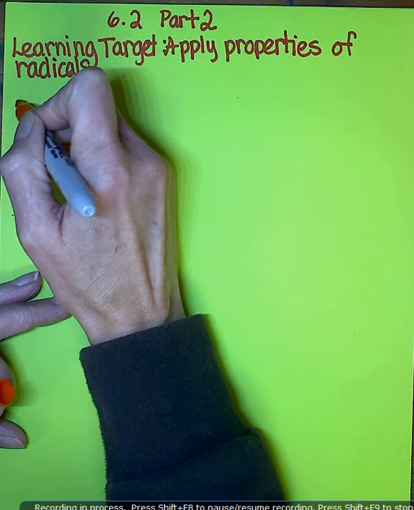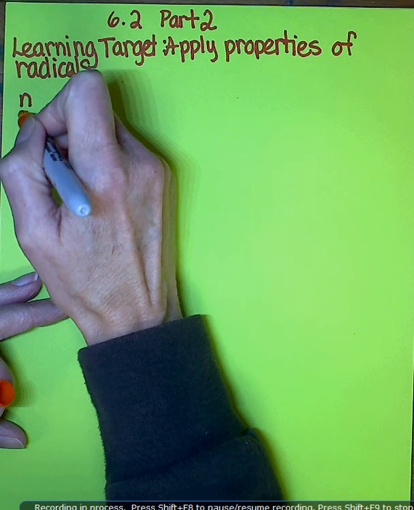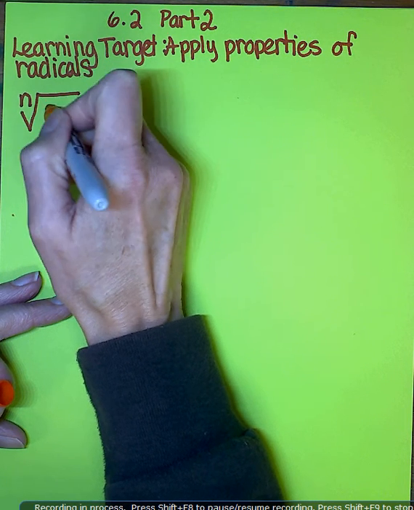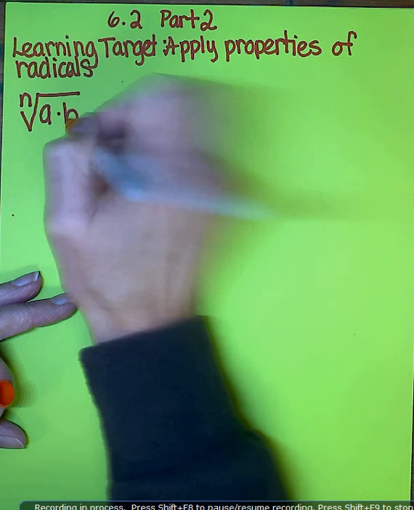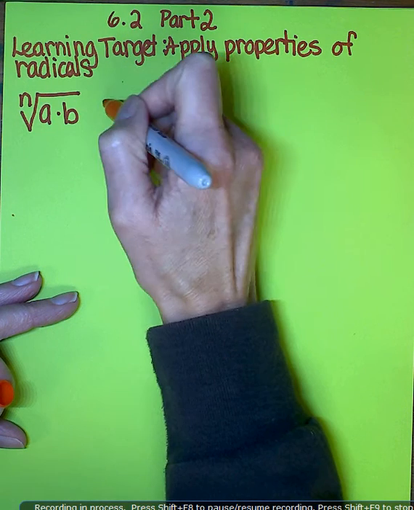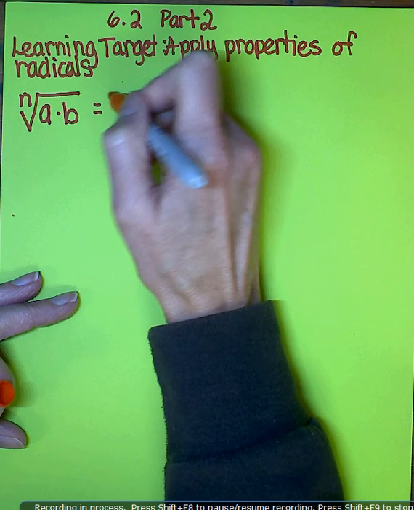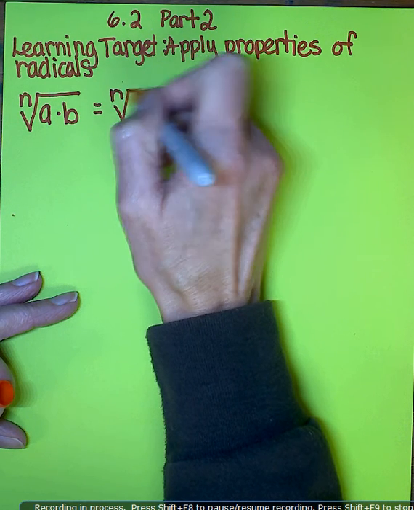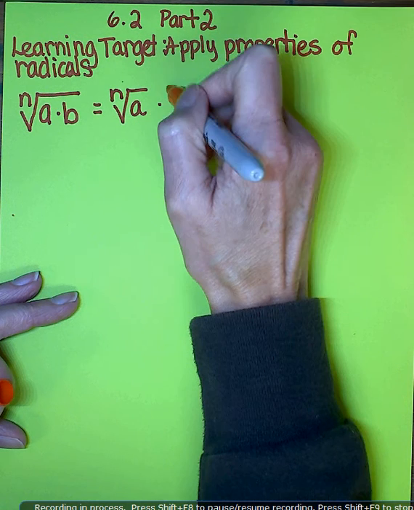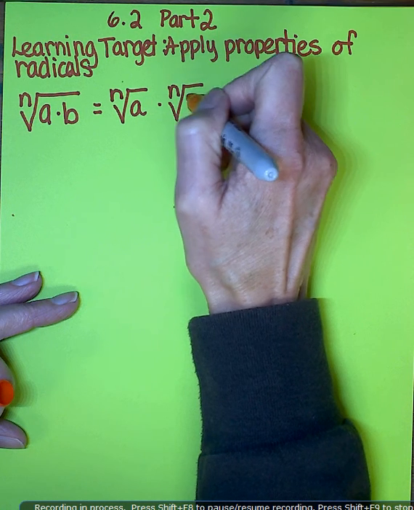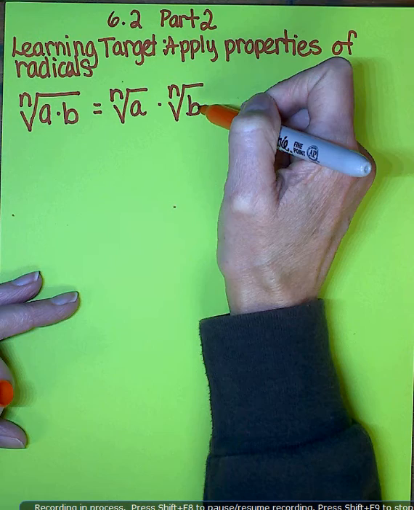Okay, so we did do these in Chapter 5 also, but let me write them out again. So if you have a product underneath the radical, you can break it apart into 2 separate radicals. And you can also do vice versa.